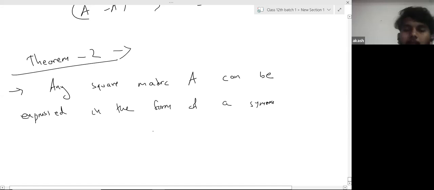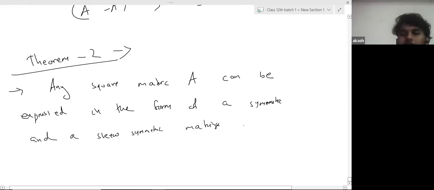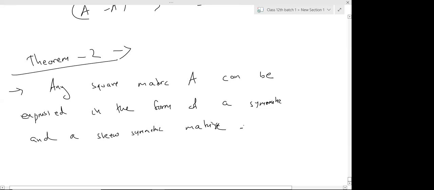I'll explain. Just write this. Change this in the form of sum of a symmetric and a skew symmetric matrix.